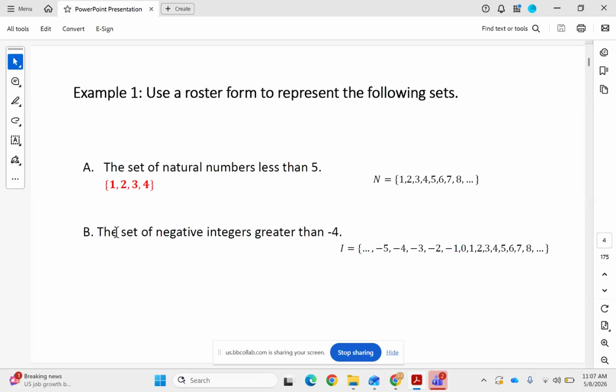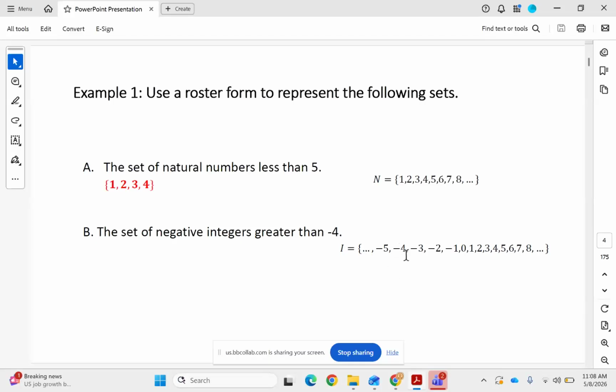The next example says the set of negative integers greater than -4. The word integers includes 0 and all of the negatives. The numbers that are greater always appear to the right when you put them in order.